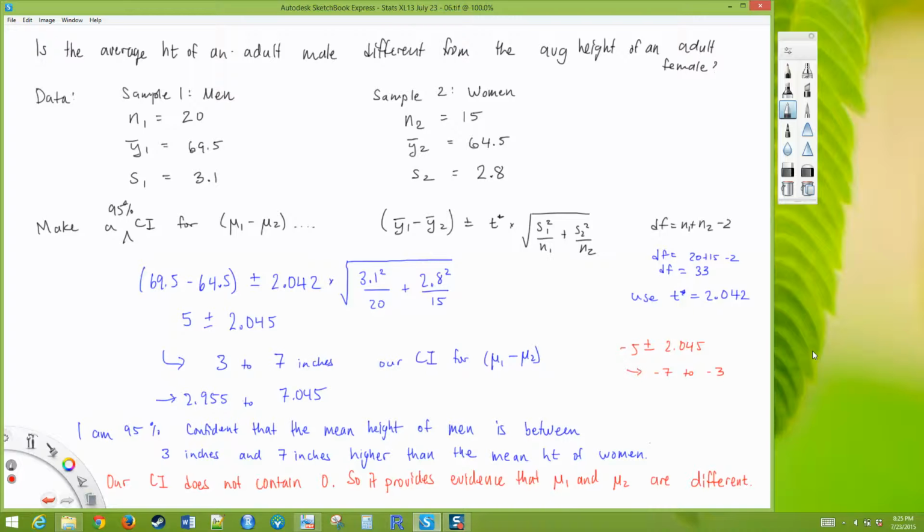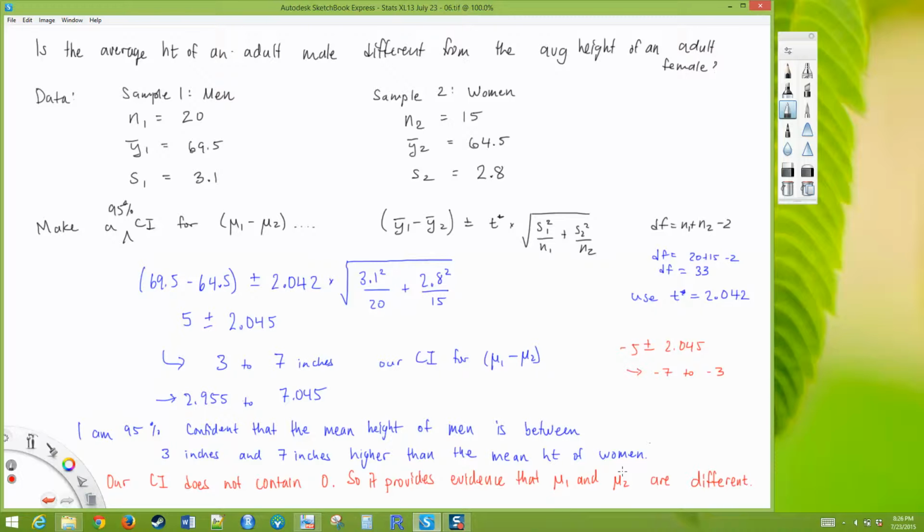Essentially it's exactly the same, and the only difference is if I go strictly off the confidence interval in our interpretation, I would say I am 95% confident that the mean height of women is between 3 inches and 7 inches lower than the mean height of men. We're saying the exact same thing. In one case men are taller than women, and in the other women are shorter than men.